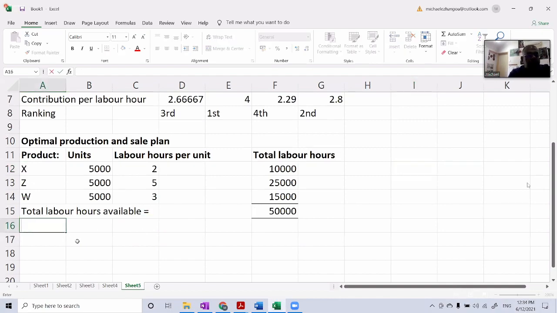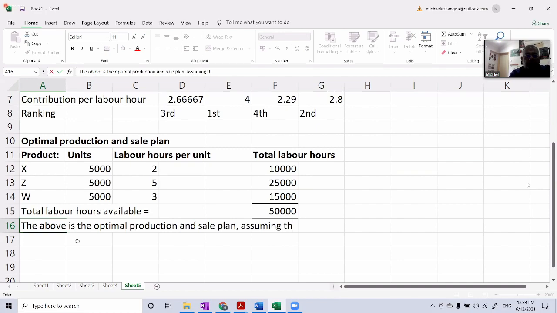As the above is the optimal production and sales plan, assuming that labor hours are limited to 50,000 hours.